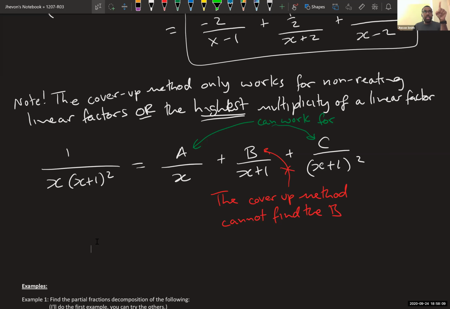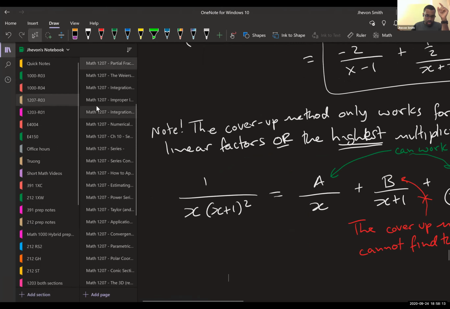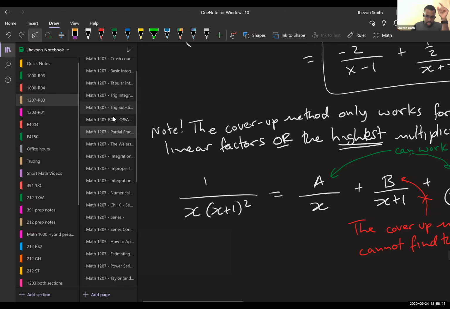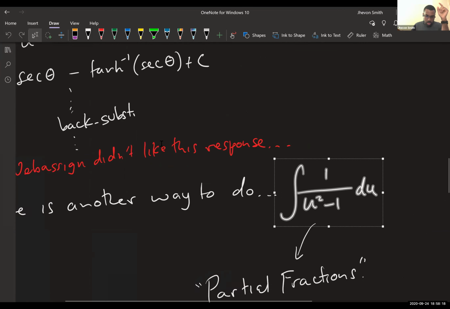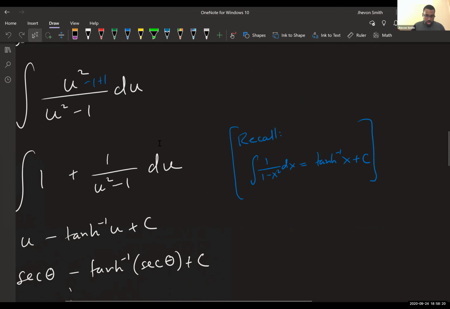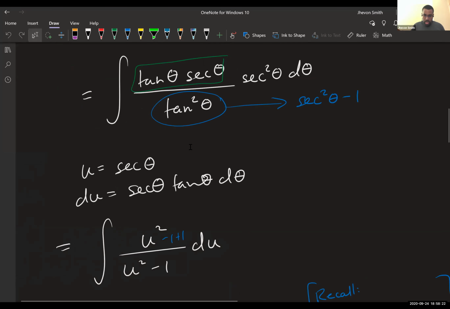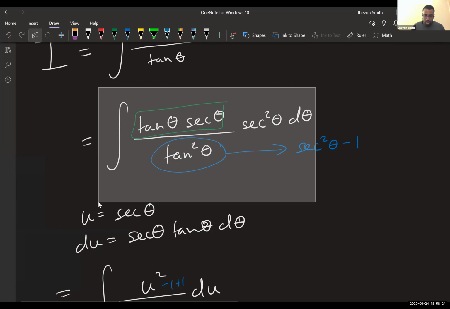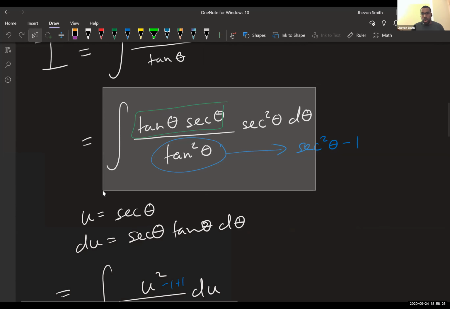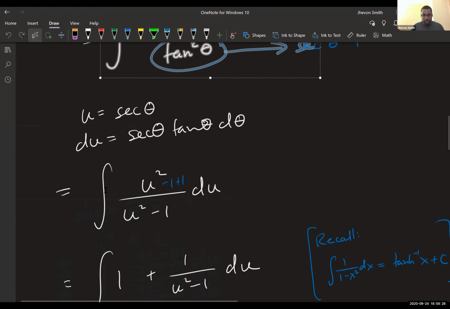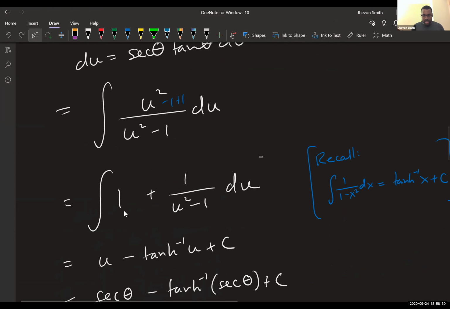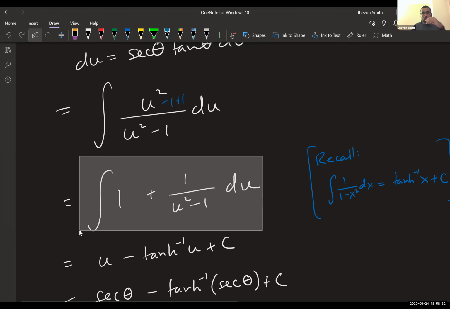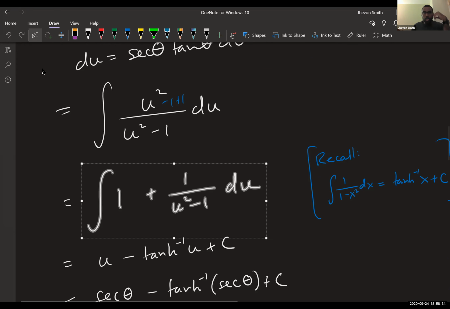Like the example earlier at the beginning of class, let's say I gave you this integral. Partial fractions cannot work on that as is. However, after I do that substitution and I write it like this, now it can work. So it doesn't directly work with trig functions, no.